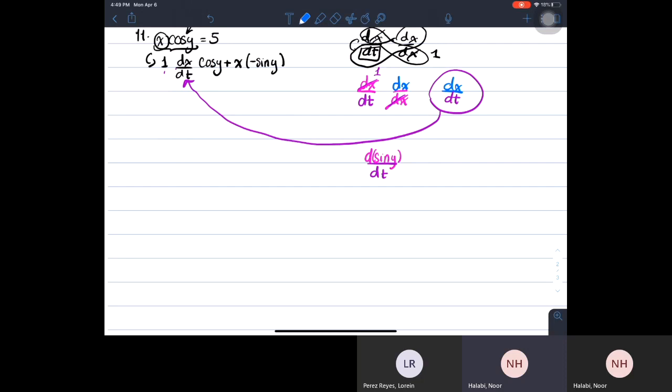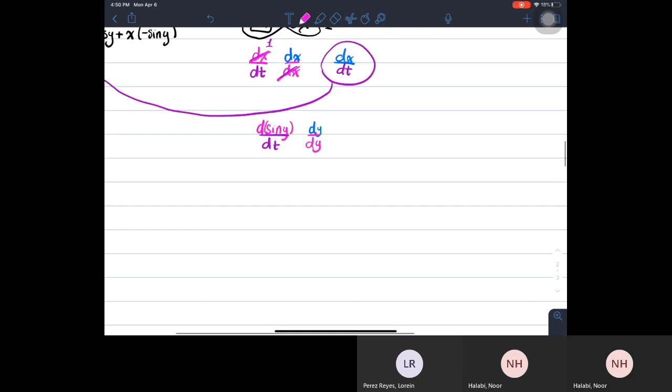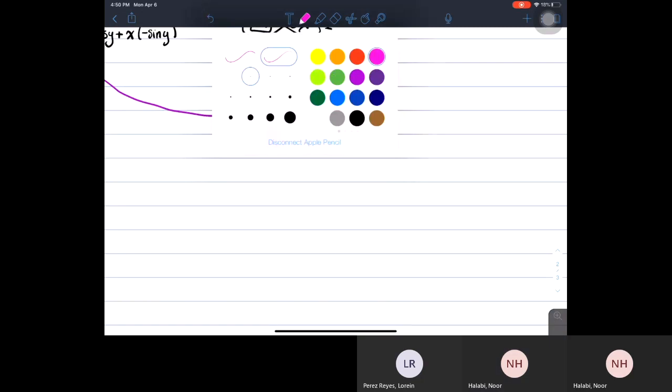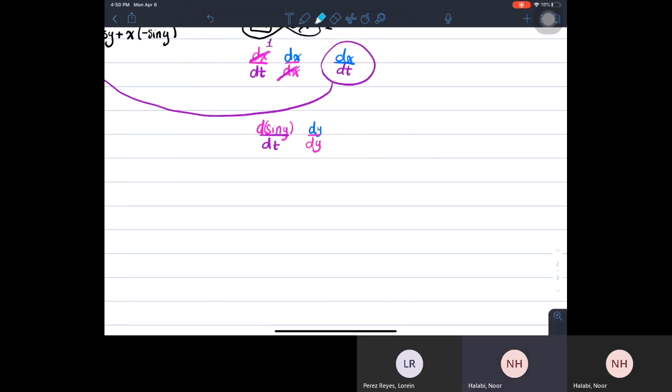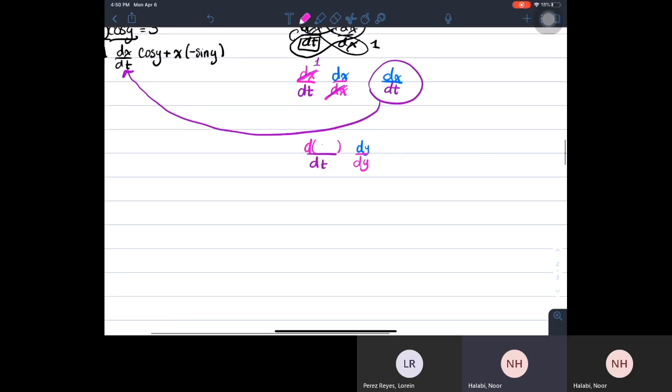What I do is multiply by dy over dy. Oh, actually, not sine, it's cosine. I am so sorry, I didn't even look at the problem. We started with cosine, right? Do you see what I'm doing here, Lauren?